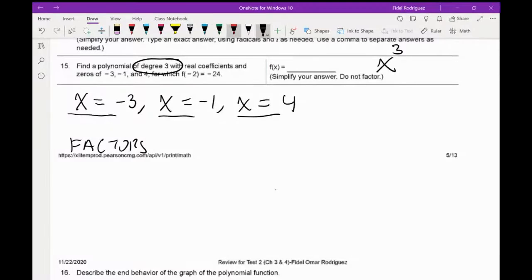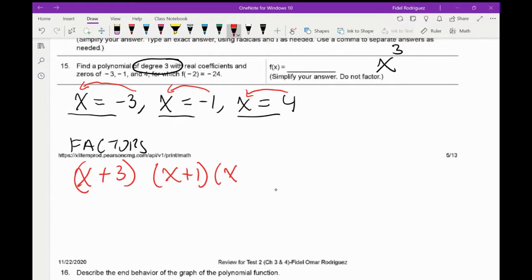What I mean by factors is if I were to take this -3 and bring it back across the equal sign, I'd end up with an x plus 3. And if I brought that -1 back across the equal sign, I'd end up with an x plus 1. And if I brought this +4 back across the equal sign, I'd end up with an x minus 4.